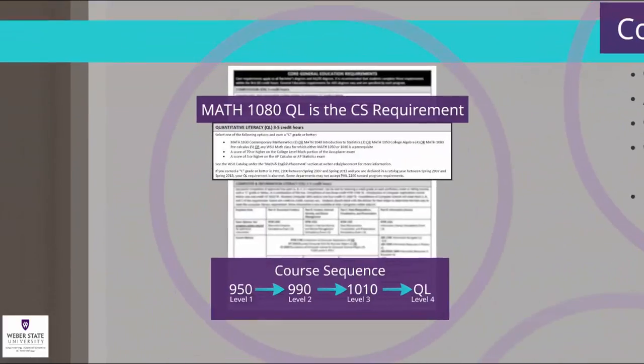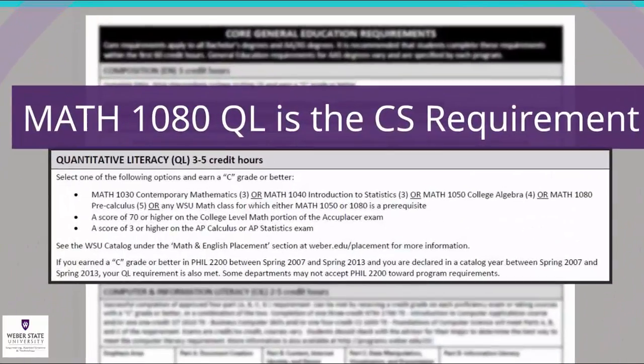The third requirement under the core section for general education is quantitative literacy. Please note, as a computer science student, your major requires Math 1040. This course will fulfill your quantitative literacy requirement.